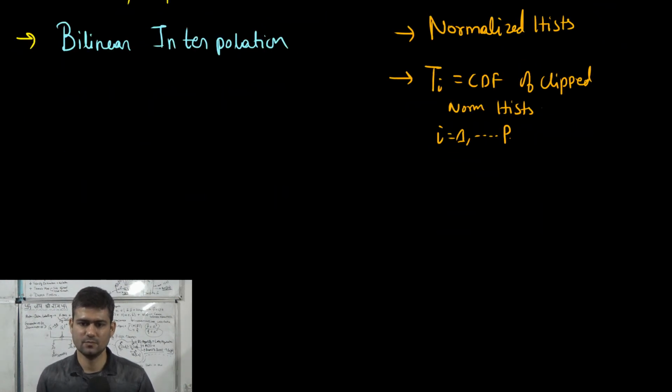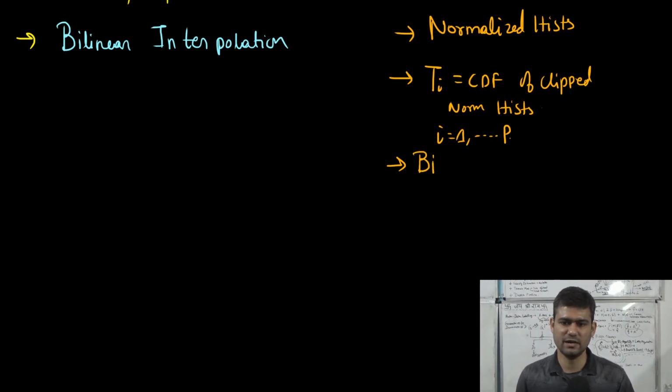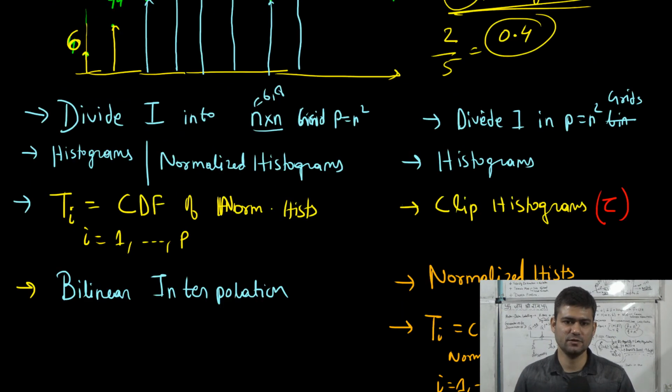And then we finally compute the transformed image using bilinear interpolation, which we have already covered in the previous lectures.